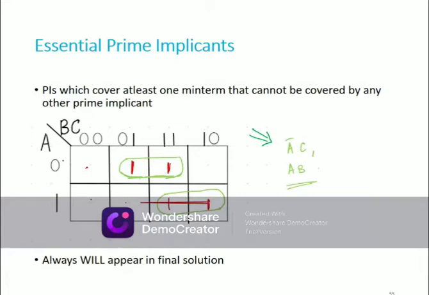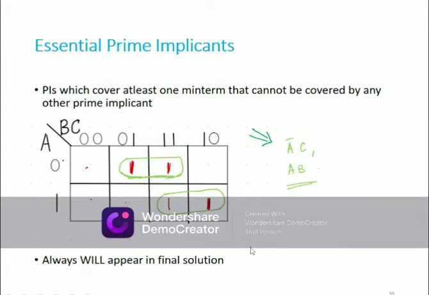Similarly, this one that you see here is also part of an essential group, an essential prime implicant, because it cannot be grouped with anybody else. So if a group covers at least one min term like this one, or this one, that is referred to as an essential prime implicant, right?